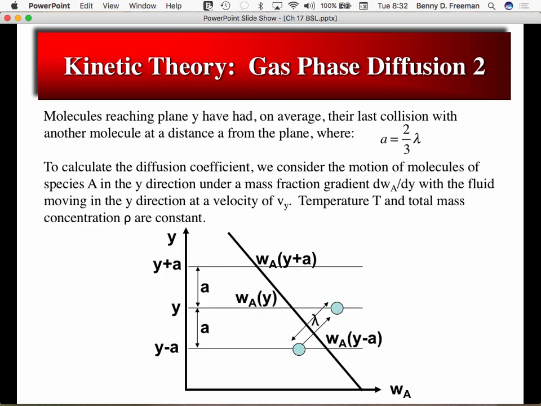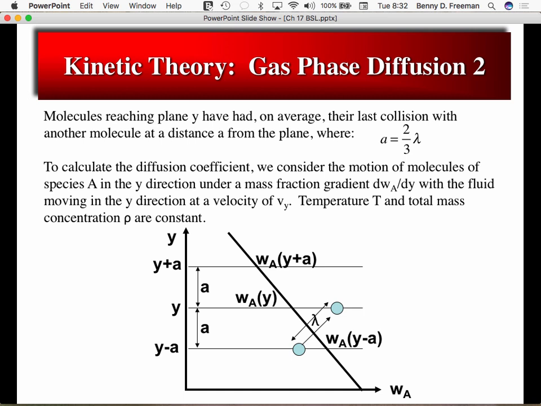The scenario we consider is one where there's a concentration gradient in species A, as shown here. We consider it to be linear over distances that are short enough. This is an absolutely excellent approximation.